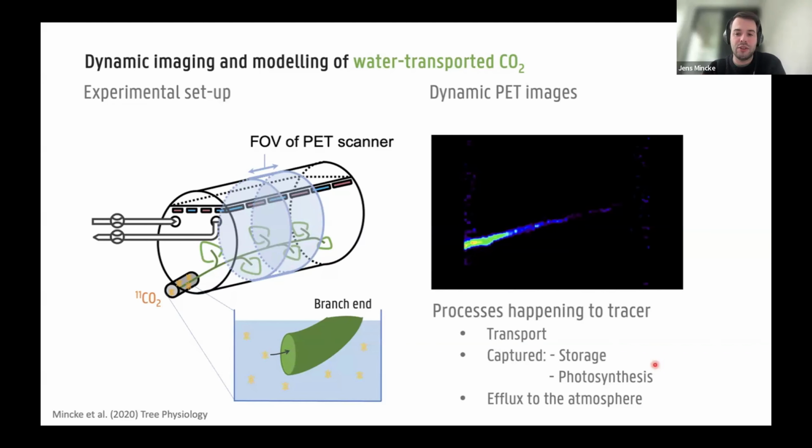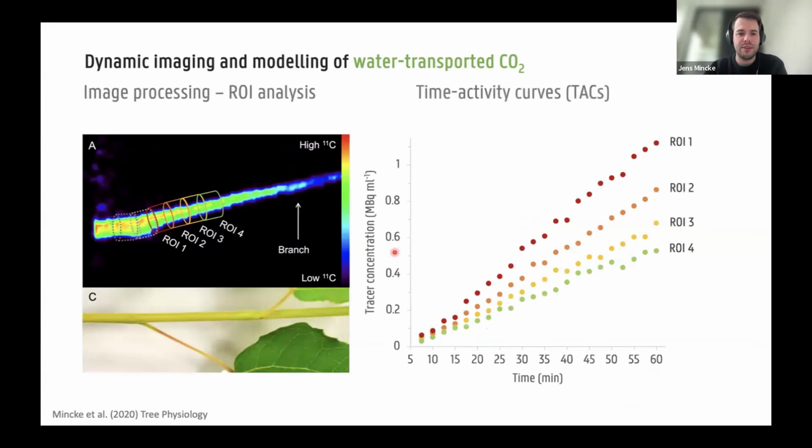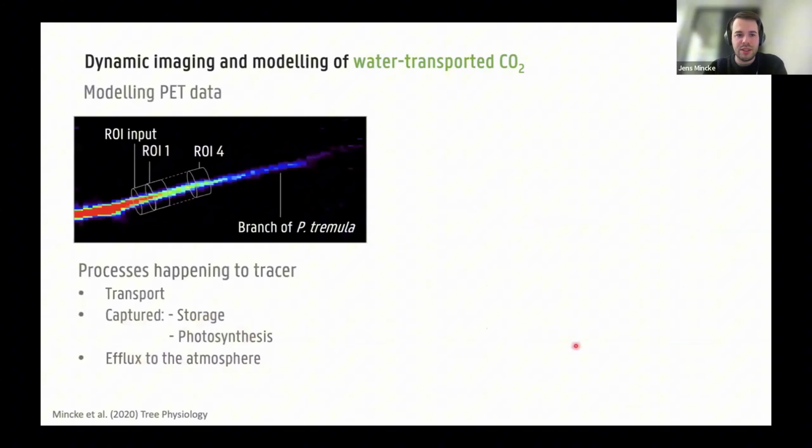It can be converted to a sugar as well. And also a part can be effluxed and leave the system, so it can be effluxed to the atmosphere. Again, we can perform ROI analysis by drawing cylindrical boxes close to each other, and we can compute the activity inside these boxes, and then we end up with time activity curves. But now we go one step further.